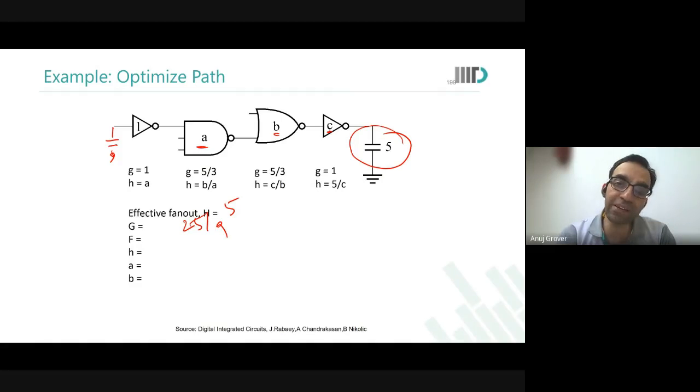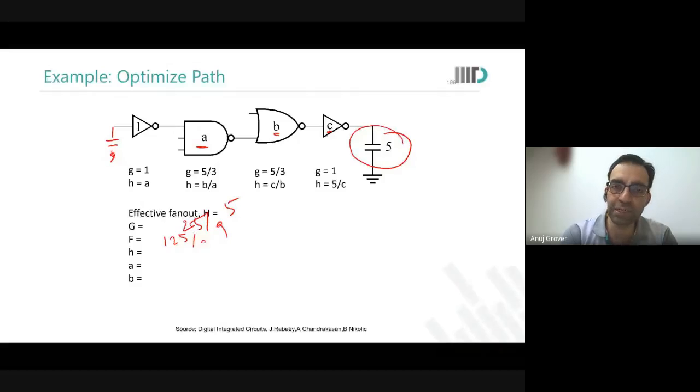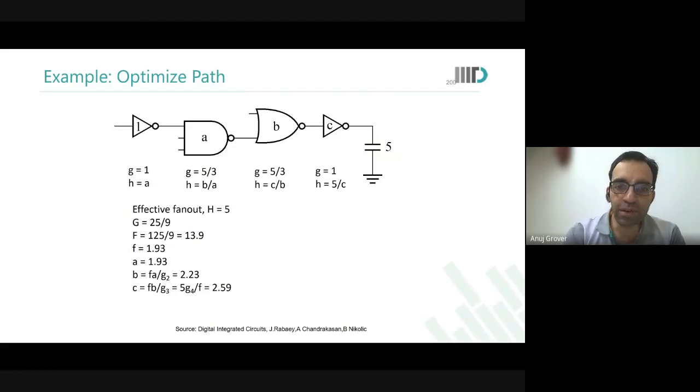So what is capital F? There are no branches, so capital F is G into H, so 125 by 9.